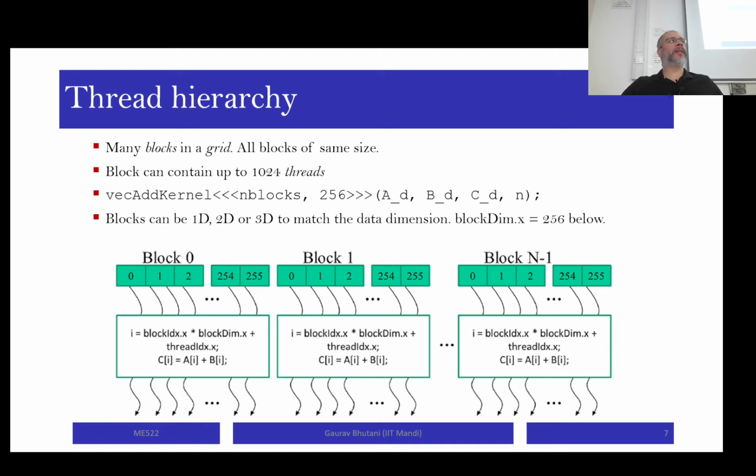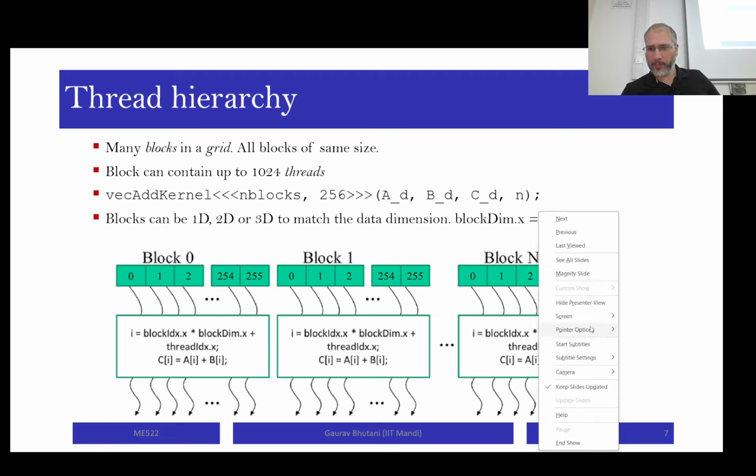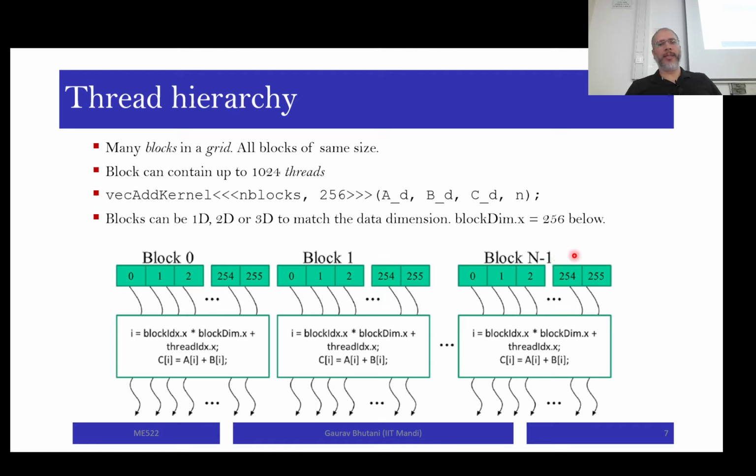Now the interesting thing is that these blocks need not be one dimensional. Let's look at this 1D example in front of us, and then we'll go into discussing n dimensional systems. So let's say you have a total of n blocks. The numbering of the blocks will be from block 0 to block n minus 1, right?